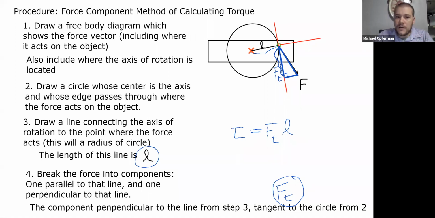This may seem a little bit fiddly, but I like this method because I can see clearly that FT is the component that causes the rotation, by the same argument that I've been making. We want the component that does this, and we want to throw away the component that does this. I can always remember which component I want because I can think about it like this or like this. And the way you know the sign of the torque is you just look at which way the object would rotate.